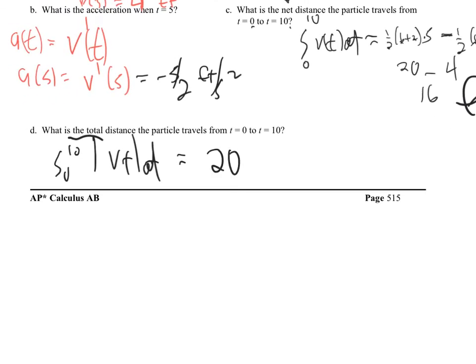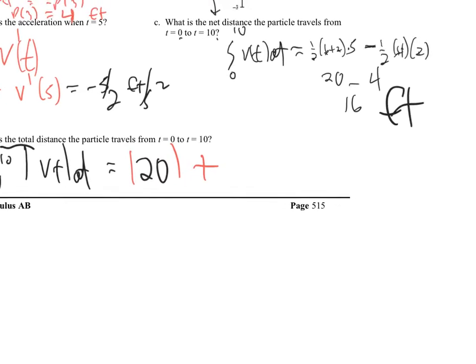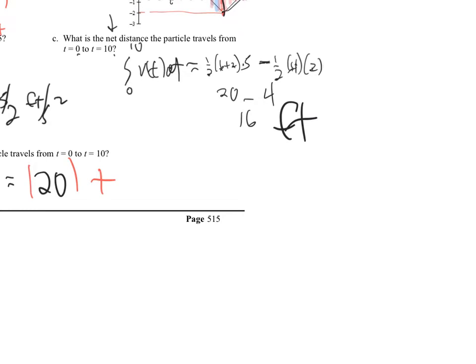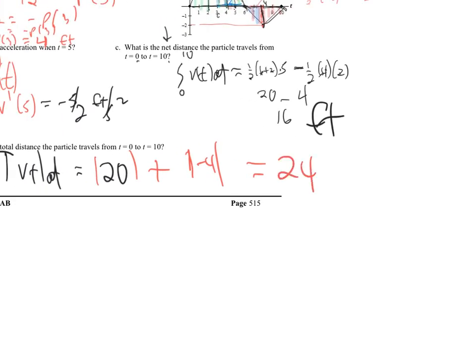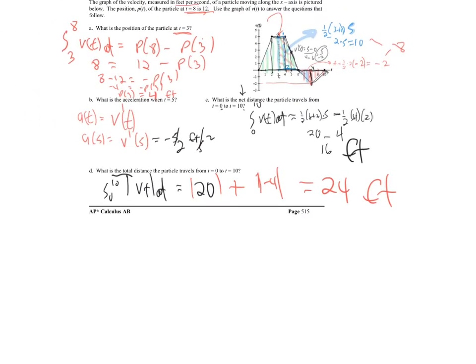And feel free, absolute value of 20, right? Plus its area. What area? The absolute value of that negative 4 is 4. So it should be just 24 feet. Chew on that for a minute.